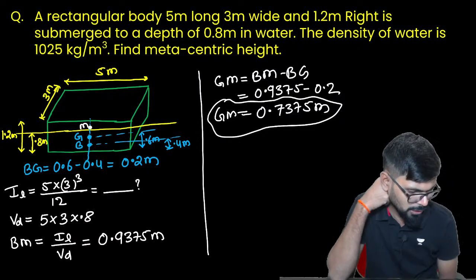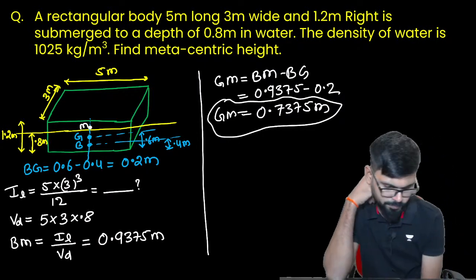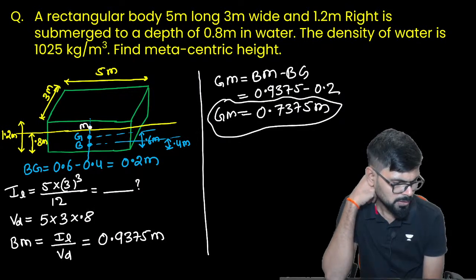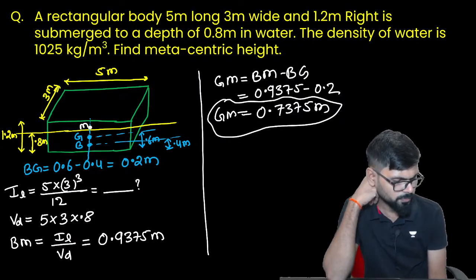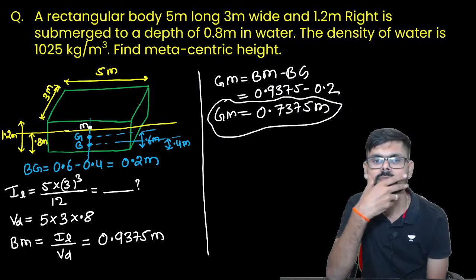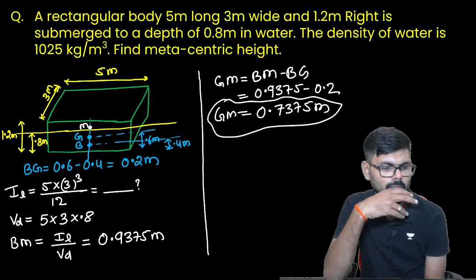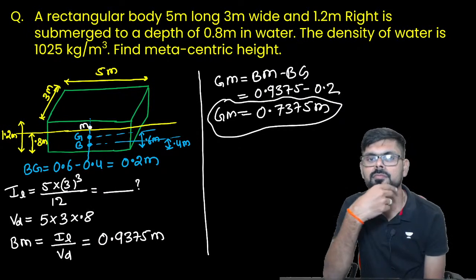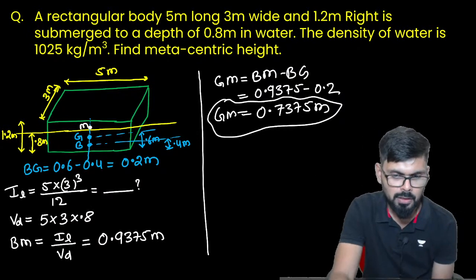Is the I value 11.25 coming? Okay. Javed Sheikh, what is the GM value? Clear?